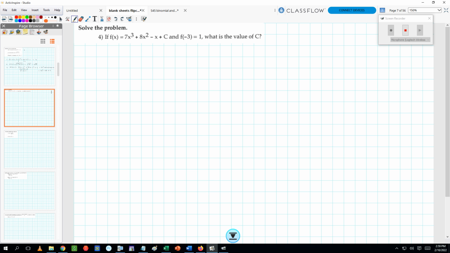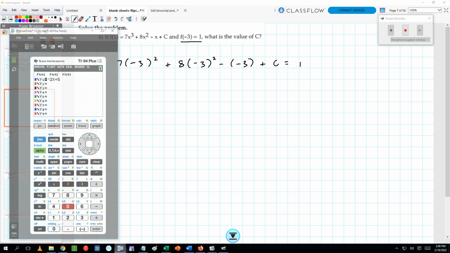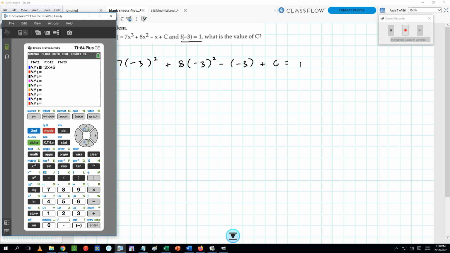If f of x is equal to all of that, and we know that f of negative 3 is 1, which means when a negative 3 goes in, a 1 comes out, we're going to replace all of our x's with a negative 3. All of that will equal 1, and the only letter we'll have will be that c.